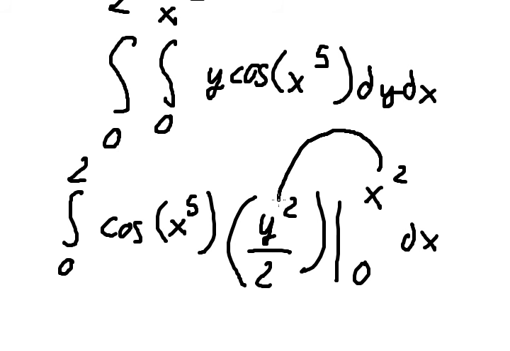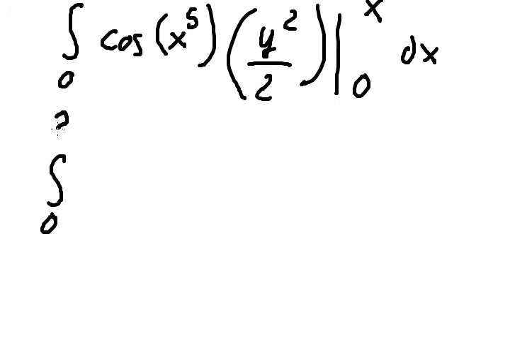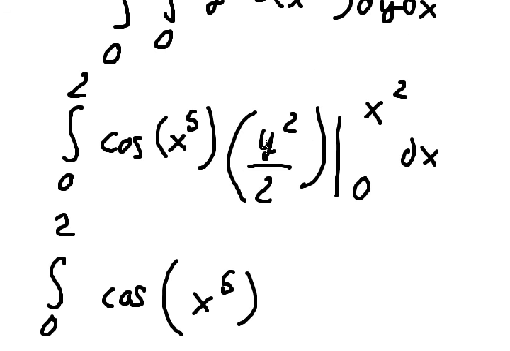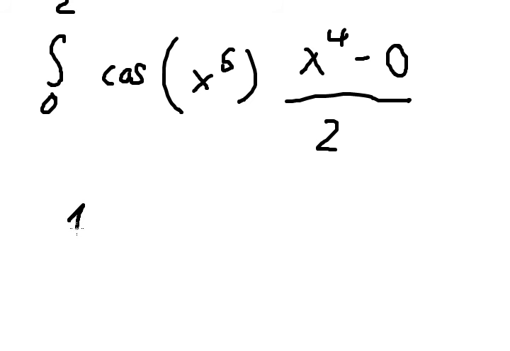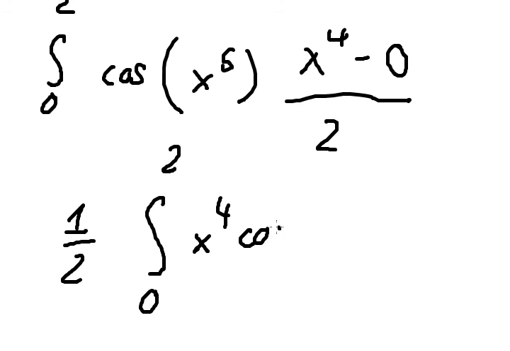So I will put x squared here, number 0 here. x squared with the power 2, you get x to the power of 4. Number 0 squared, you get 0 over number 2. If we simplify this one, we will have 1 over 2, the integration from 0 to number 2, x to the power of 4 cosine of x to the power of 5 dx.